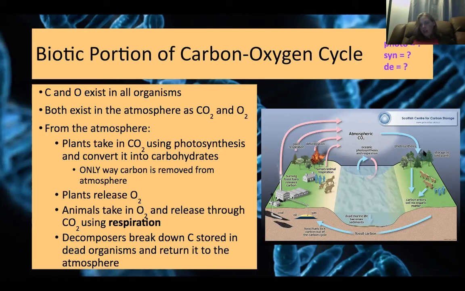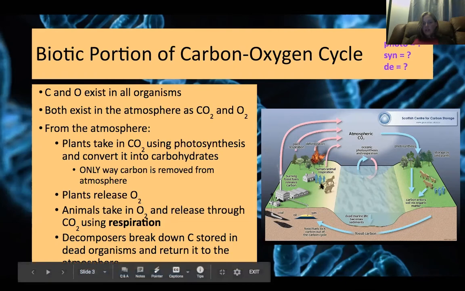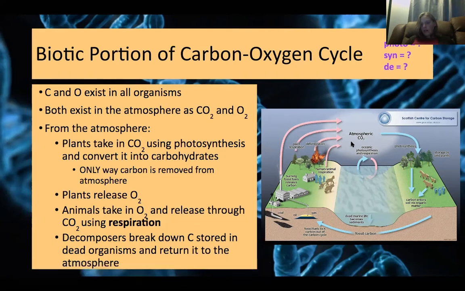Now, once plants have made these carbohydrates with their carbon dioxide and water, they're going to release oxygen as a byproduct. Our animals can then take in that oxygen and break down the carbohydrates that they get from eating plants during the process of respiration. As animals break down that glucose in the presence of oxygen, they're going to release carbon dioxide back into the atmosphere. Keep in mind that plants do not just make this glucose for animals to eat.